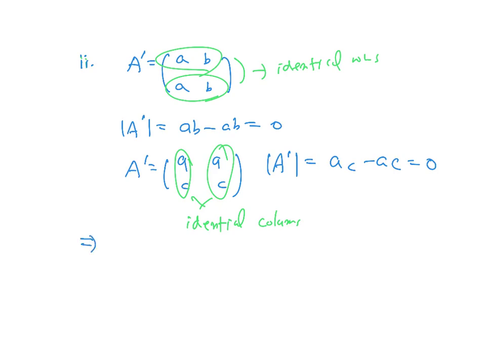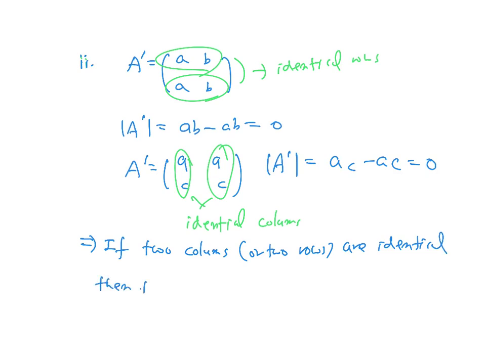So property: if two columns or two rows are identical, then the resulting determinant is 0.